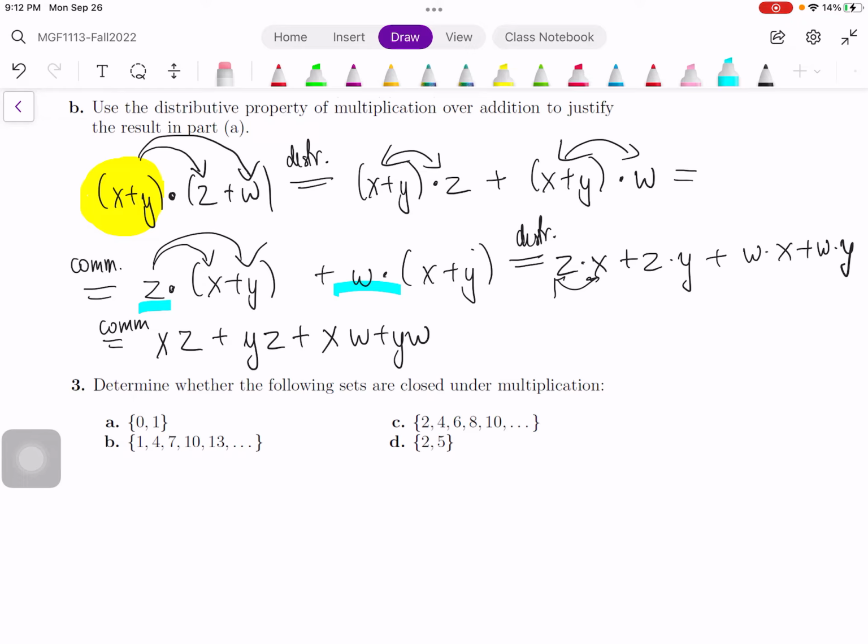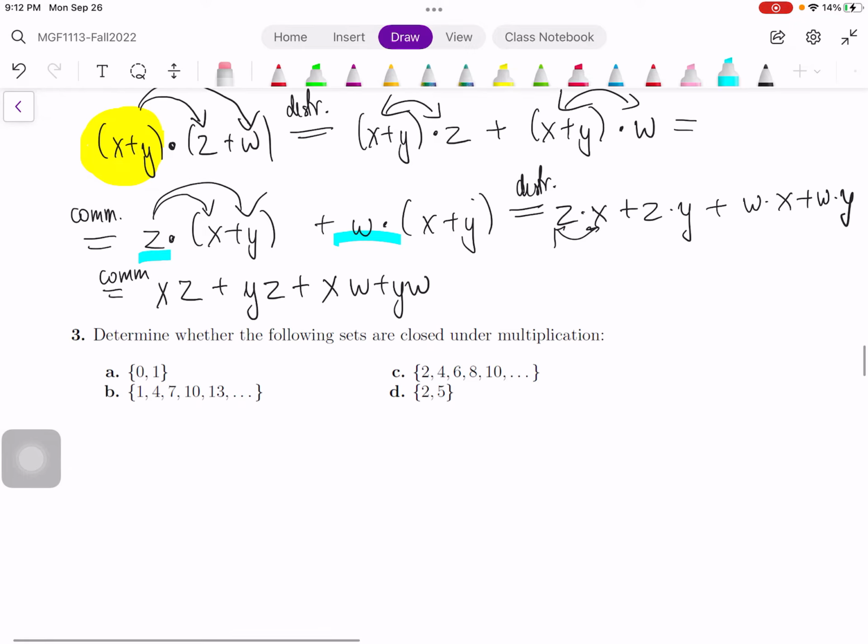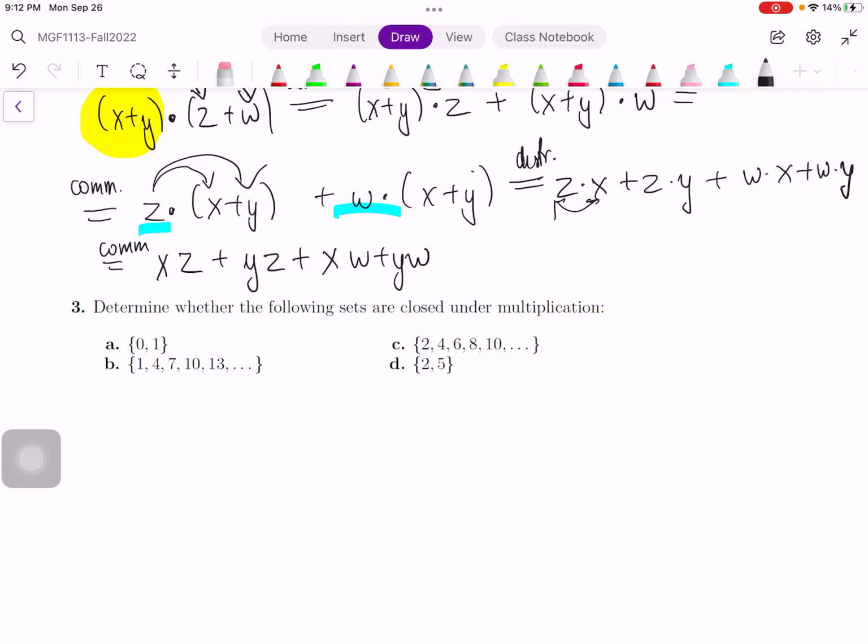Okay, let's look at number 3. Determine whether the following sets are closed under multiplication. So what basically it says here that, let's start with A. If I have the set 0, 1, and if I perform all multiplications, so what I can multiply, 0 with 0 with itself, 1 with itself, 0 with 1, okay? And notice that I'm still within the given set.